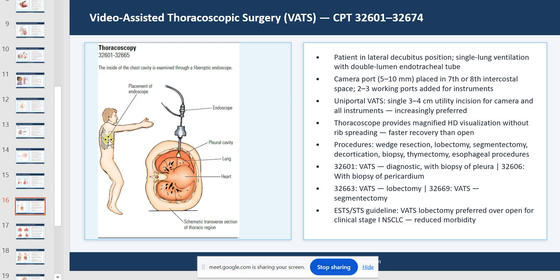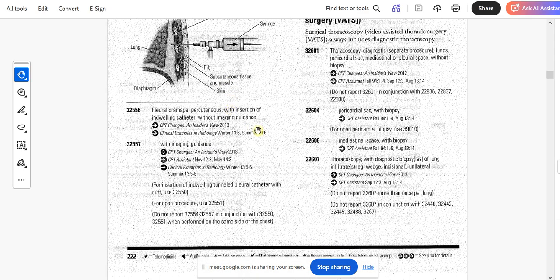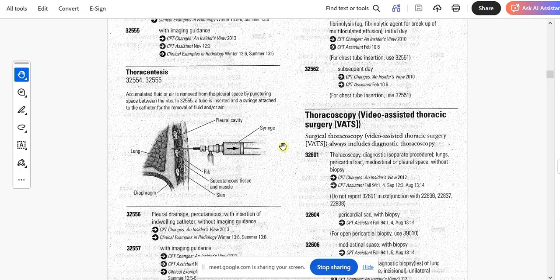So how do they do it? They create three holes, just like arthroscopy. You have seen arthroscopy, right? The same thing here they are doing on the chest. That is thoracoscopy. Even thoracoscopy is again two types: diagnostic and surgical. Can you give me the code for diagnostic thoracoscopy? 32607.